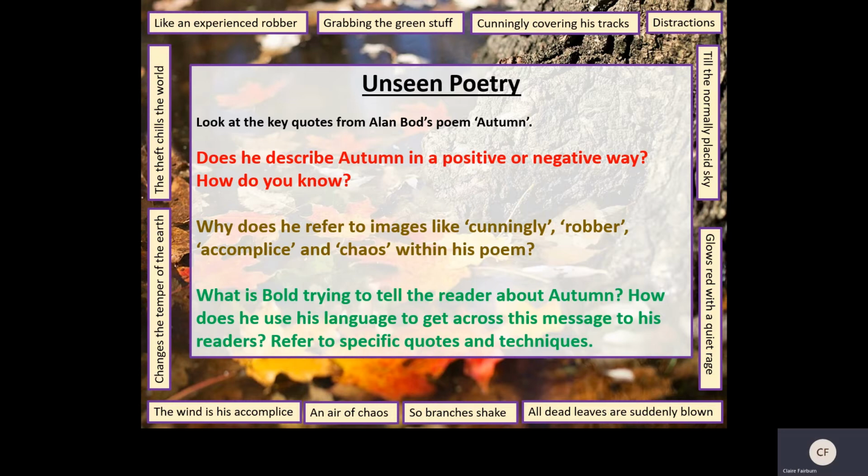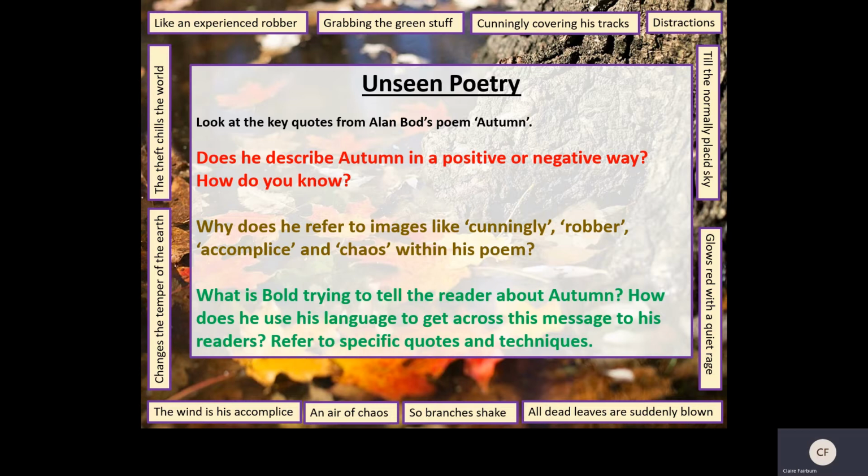If we're going in a clockwise direction from the left all the way round, back down and up and round to the top again, let's have a look at these key quotations. Like an experienced robber. If he was referring to autumn as an experienced robber, what is he trying to insinuate or convey?